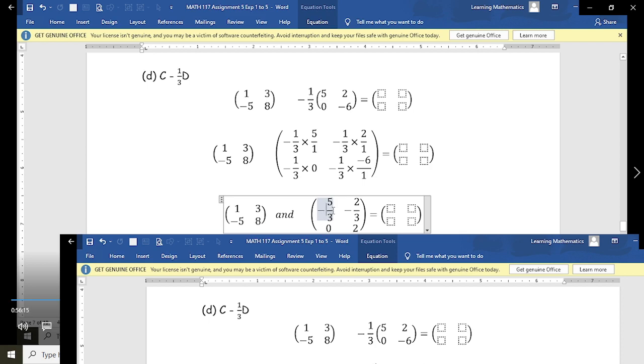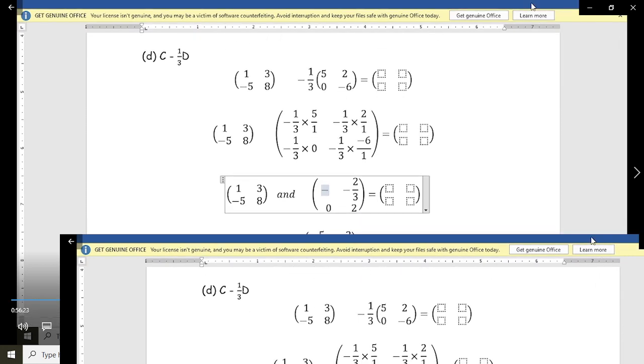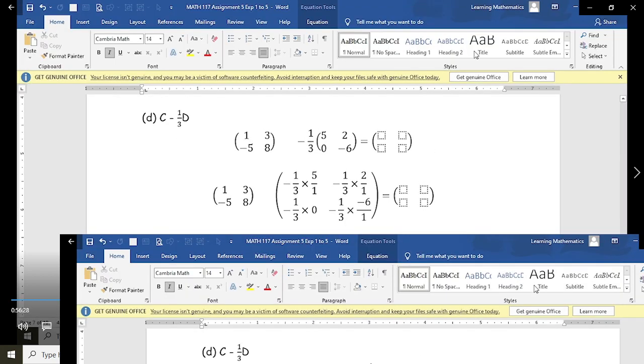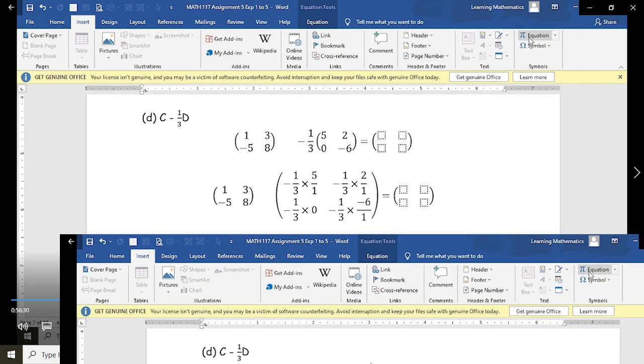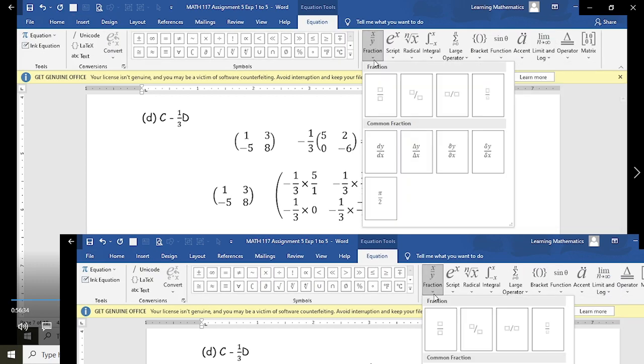Okay, sir. So sometimes, instead of that type of fraction, someone might say, why don't you use that type of fraction, slanting a little bit, to accommodate what you are saying there. You can go back in insert, go in equations, go in fractions, and you have this type of fraction there.